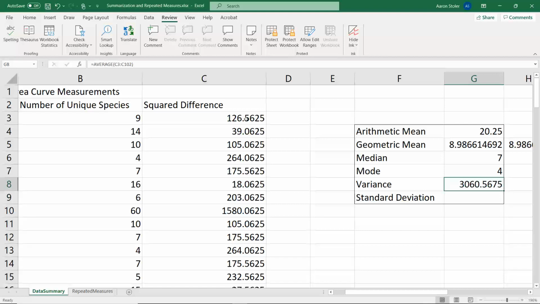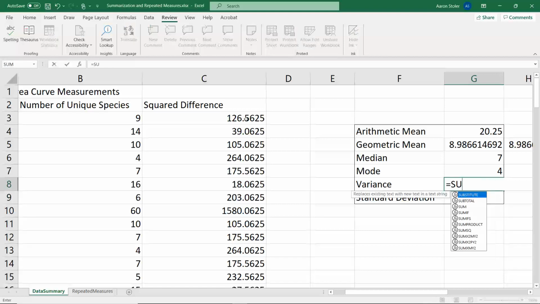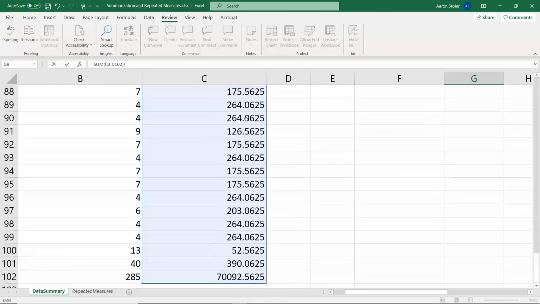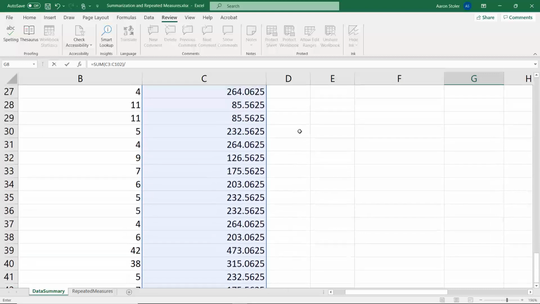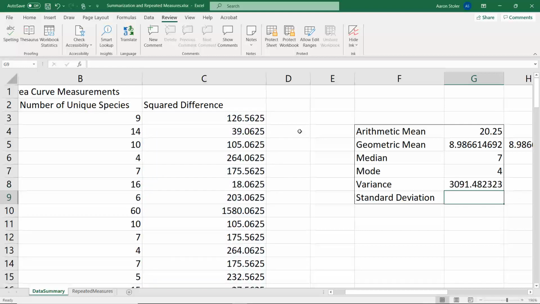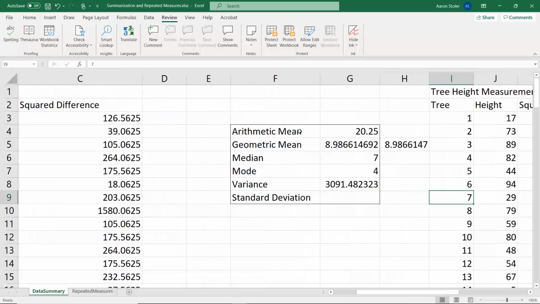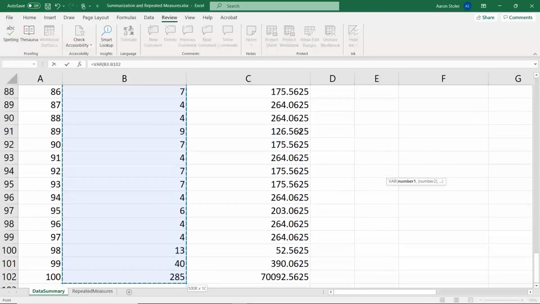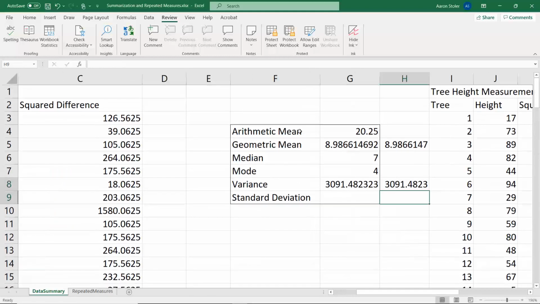So we type in equals the sum of all of these differences divided by 99, or 100 minus 1. And we should get 3091. We can check ourselves by typing equals var and then select our data, which is the number of unique species, and we should get the exact same number.